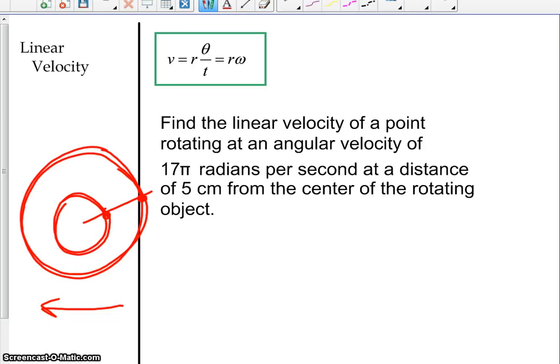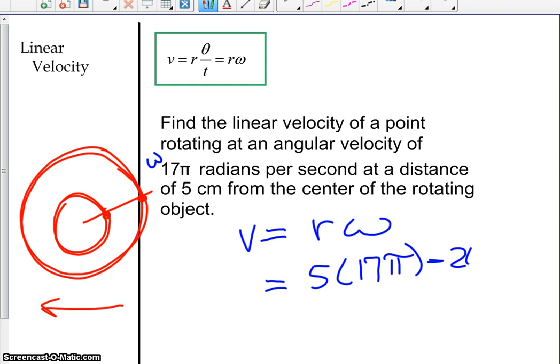And if you remember, that's our omega, at a distance of 5 centimeters. Really, our velocity is our radius times our omega, our angular velocity. So if we just follow the formula, we take 5 times 17 times pi, and we get 266.9 centimeters per second.